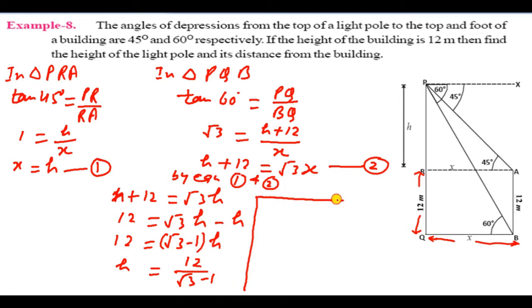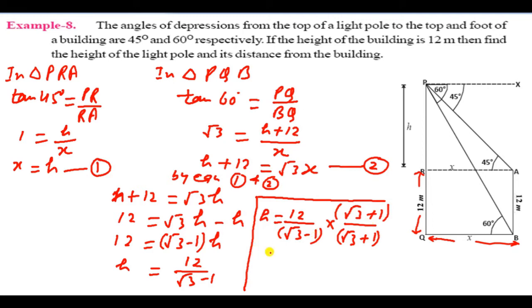Now rationalize the denominator. So H is equal to 12 upon root 3 minus 1 multiplied by root 3 plus 1, and here is root 3 plus 1. So what will happen in this?